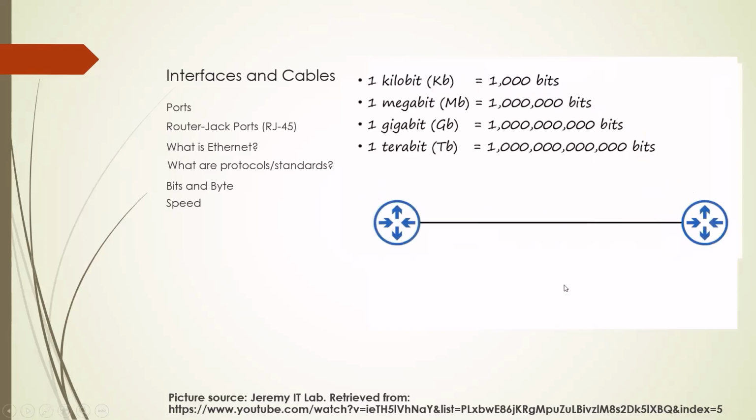So the speed of the network is usually in this format. When we say 1 kilobit per second, it means we have 1,000 bits per second. When we say 1 megabyte, it means 1 million bytes. When we say 1 gigabyte, it means 1 billion bytes. And when we say 1 terabyte, it means 1 trillion bytes.